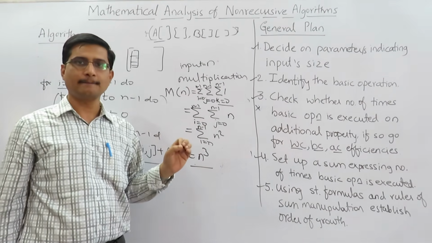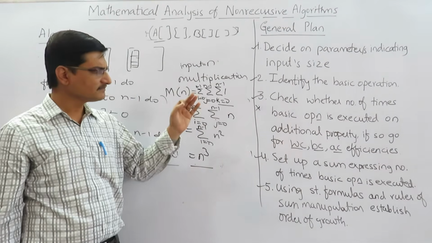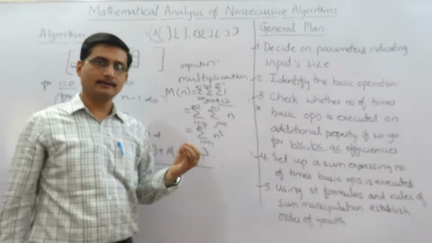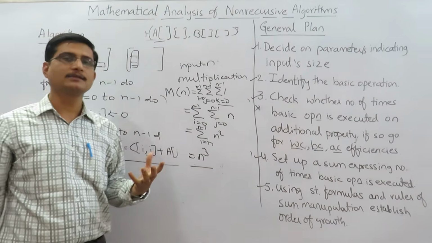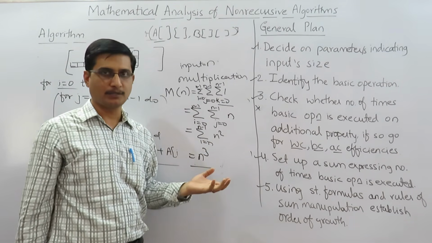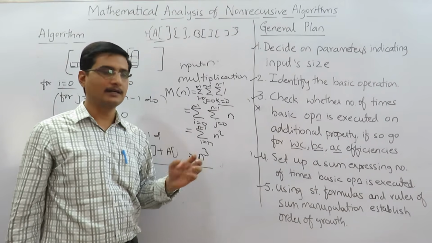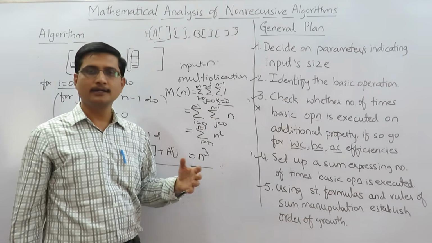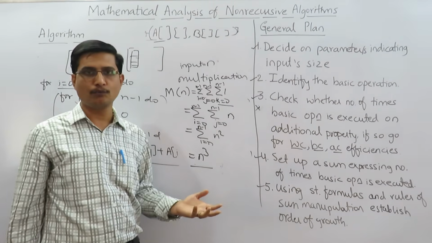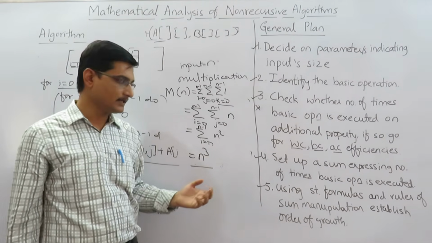Usually it will be in the innermost loop. Then the third step is to check whether the number of times the basic operation is executed depends on some specifics of the input. If it does not depend on any other property of the input, then we need not go for worst case, best case, average case. Otherwise, we need to go for worst case, best case, average case.